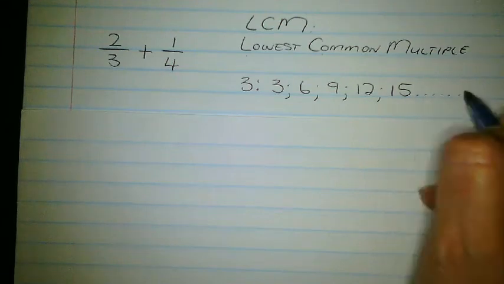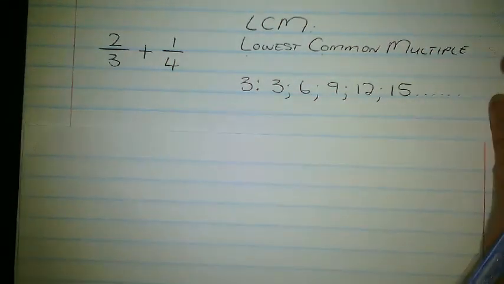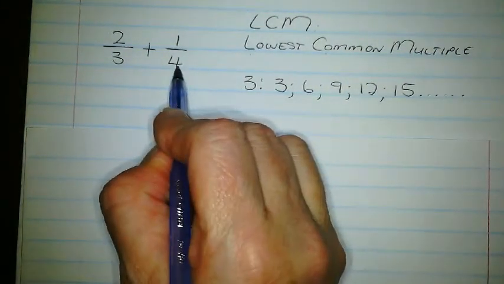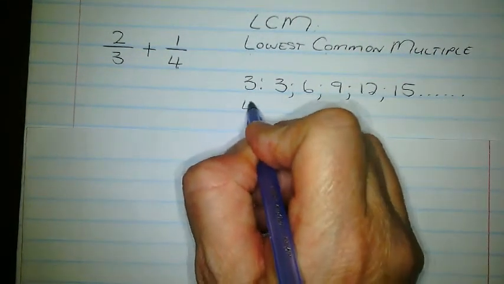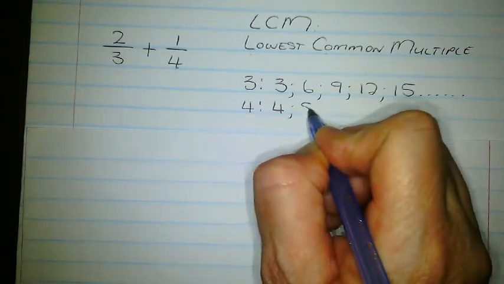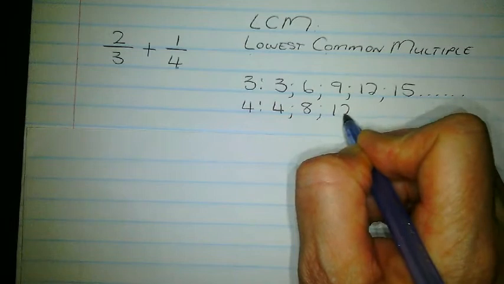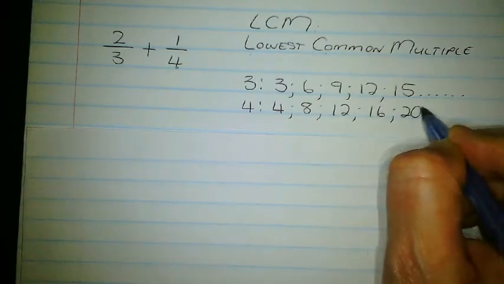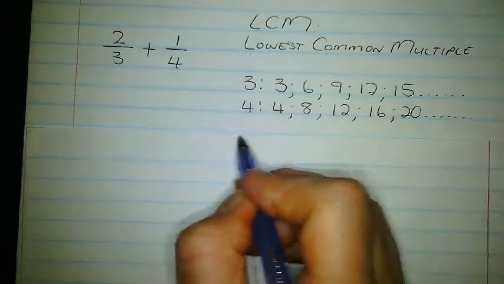I can basically use only 5 of them. I think that's more than enough. And then the other denominator is going to be a 4, so I do exactly the same. 4, 8, 12, 16, 20, and then it continues. I don't have to write them.